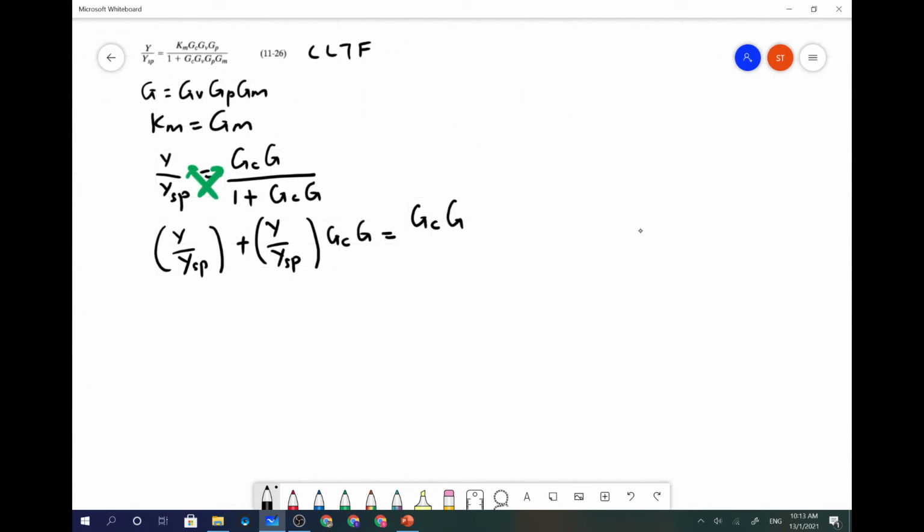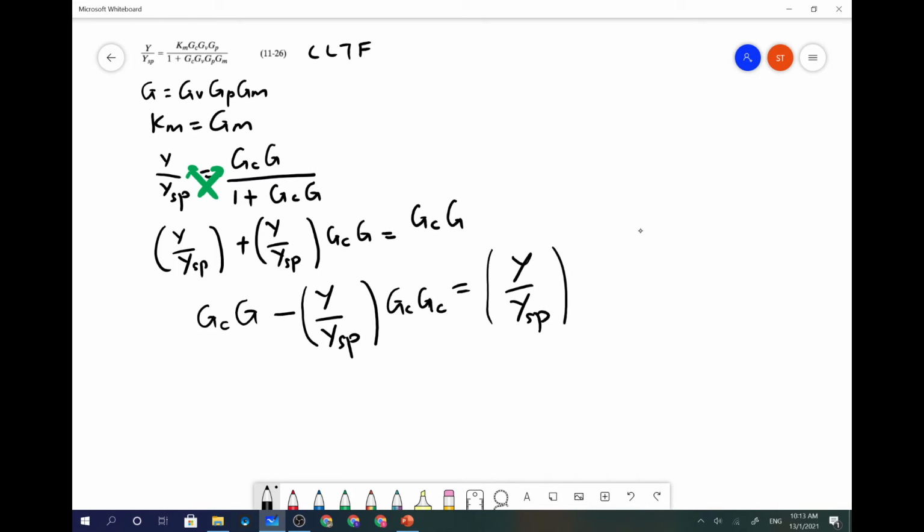And then we put GC minus Y over Y sp GCG equal to only Y over Y sp.